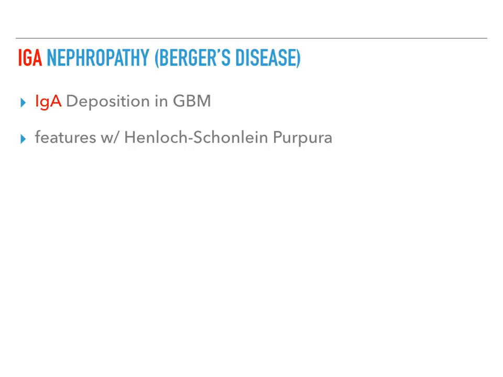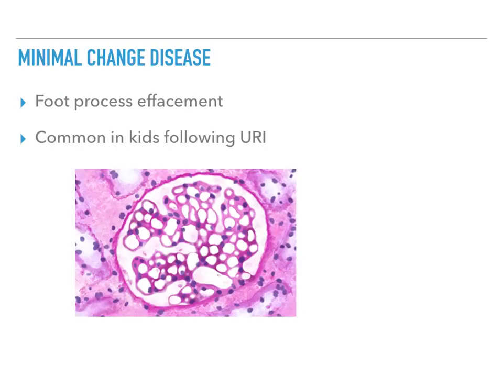I apologize. Next disease is minimal change disease. Minimal change disease is common in children following a URI, and the slide classically shows foot process effacement, also known as podocyte effacement. Basically, it just means that the foot processes, which are found normally in a glomerulus, start to kind of disappear or phase out of their normal geometric orientation.